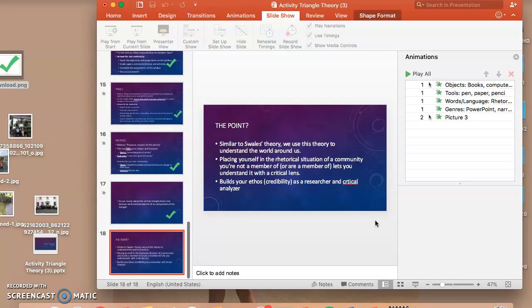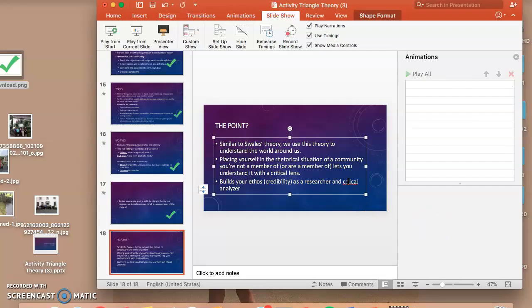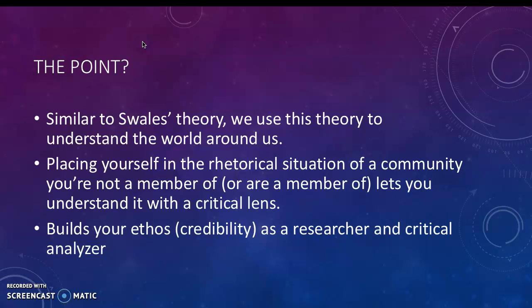Sorry y'all, I was typing this fast, so I'm noticing typos. Critical analyzer. It builds your ethos as a researcher, finding out information about a community, and helps you critically analyze, meaning did it pass the theory test? When you have to evaluate that, it's something different that you may not be used to, so you're critically analyzing. That's really important. It helps you understand something in a different way.